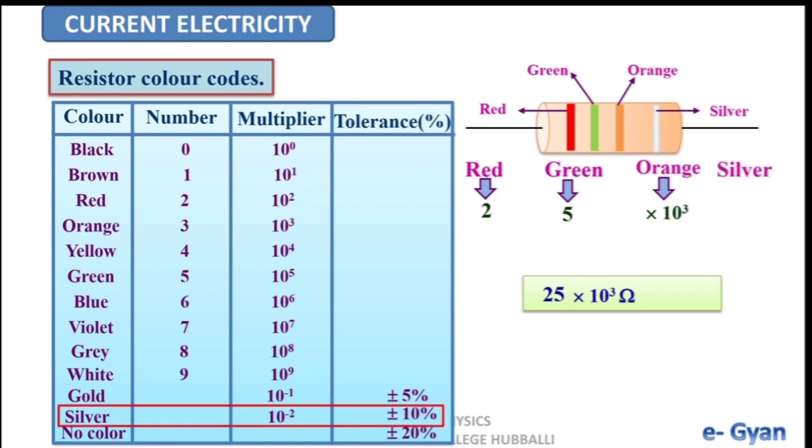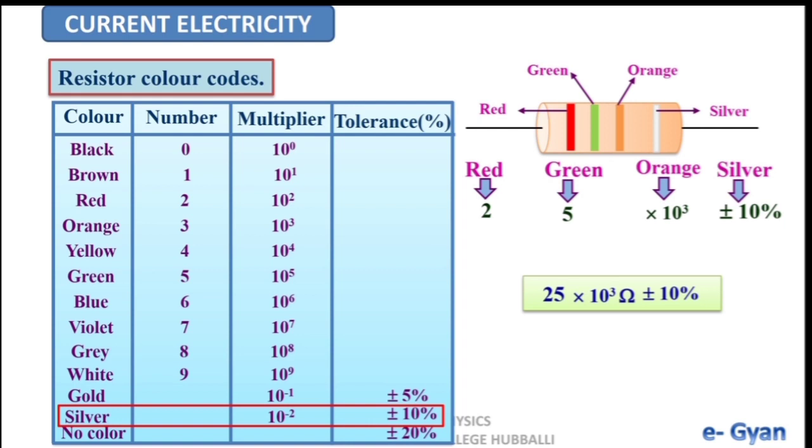Tolerance of silver is plus or minus 10%. Now the value of the given color code resistor is 25 into 10 to the power of 3 ohm plus or minus 10%. This is the value of resistance of the color code resistor.